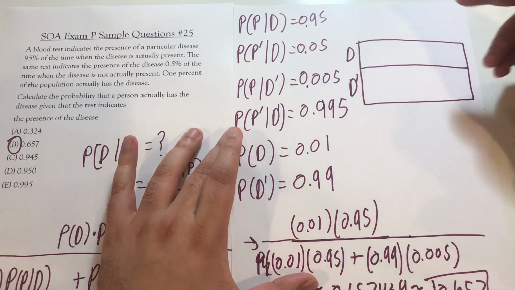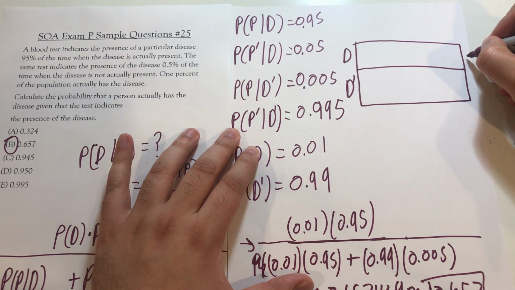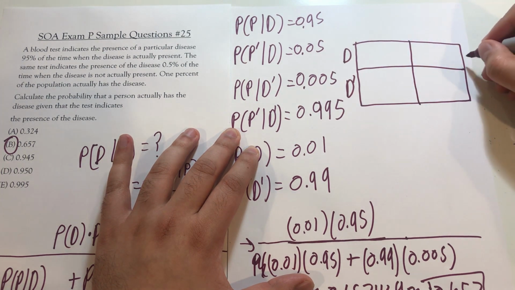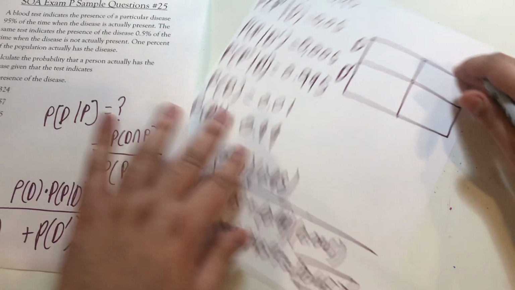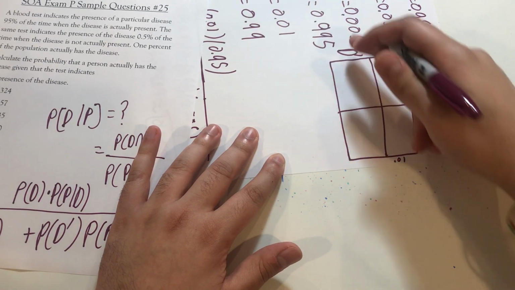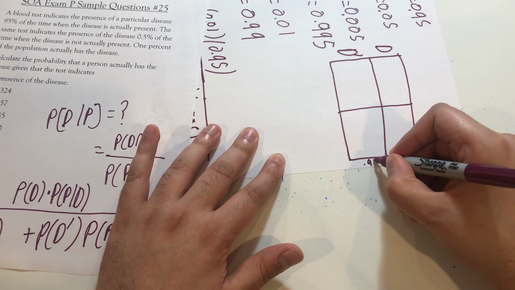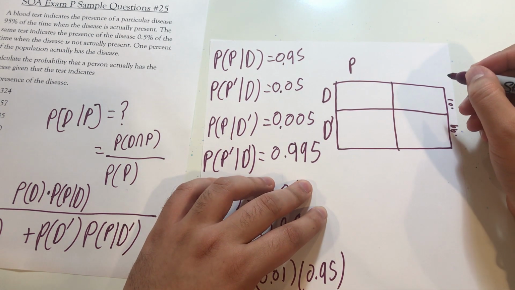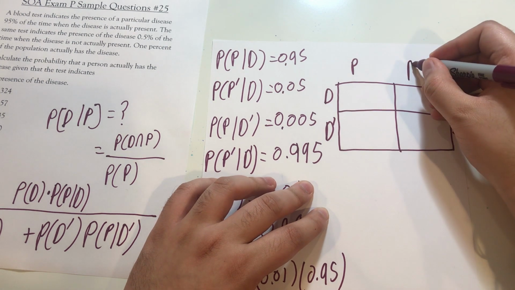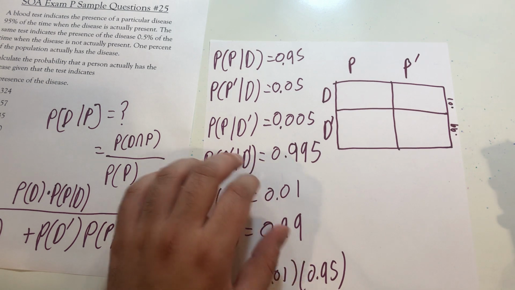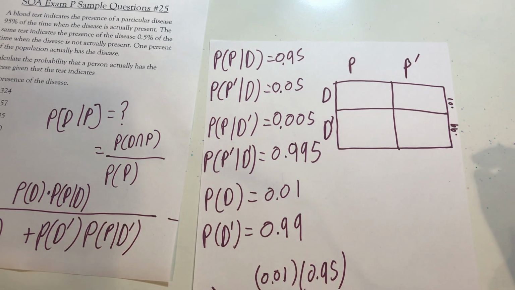Since 1% of people have the disease, this row should add up to 0.01, and this one should add up to 0.99. And here is testing positive for the disease and testing negative.